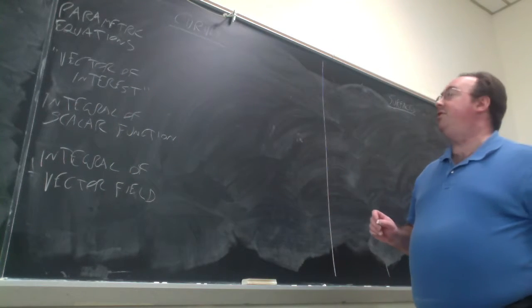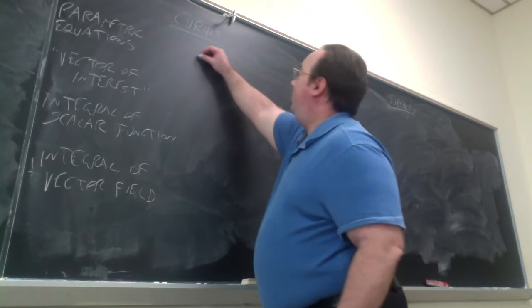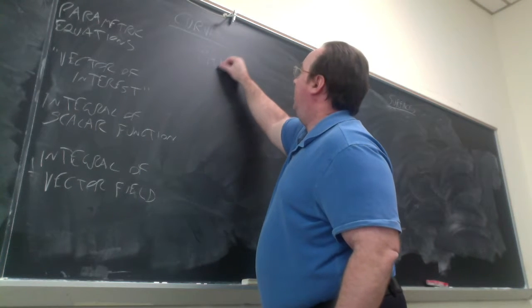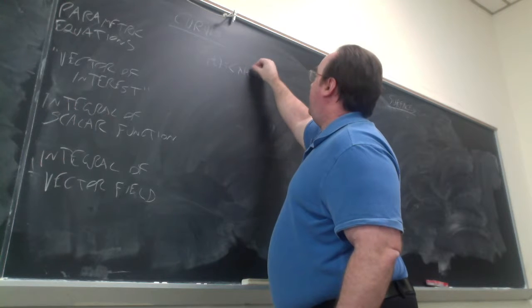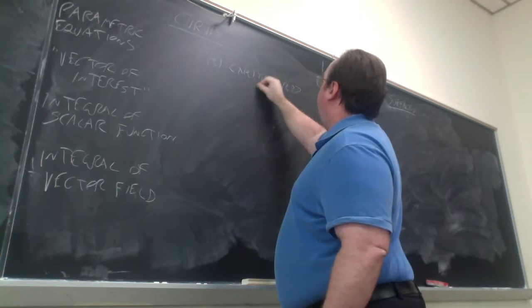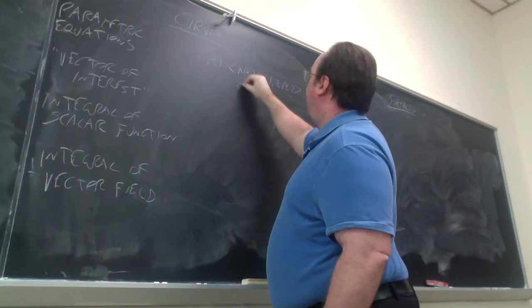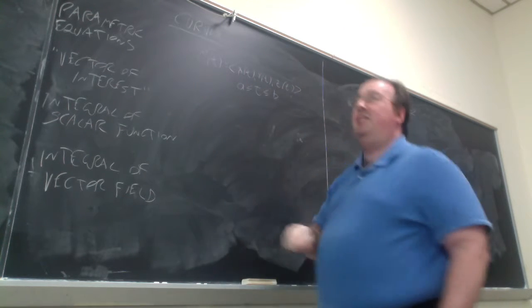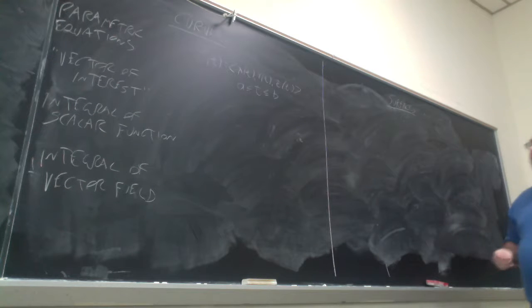So the parametric equations you have for a curve would be r of t is x of t, y of t, z of t. t is in some one-dimensional domain, but what is a one-dimensional domain? The only choice you have is an interval, so we just do it that way.